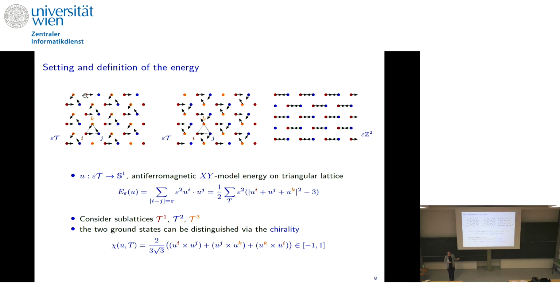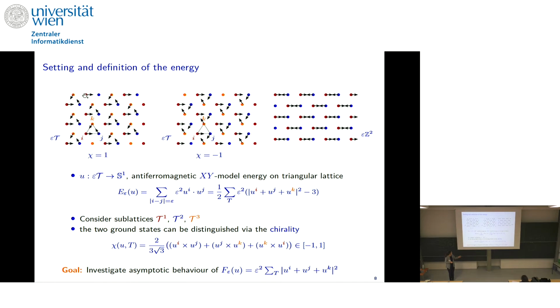The important thing to keep in mind is that it takes values in -1 and 1, and it's +1 and -1 precisely on the two ground states. In between, it's somehow keeping track of the orientation. So if my chirality in a triangle is positive, it means that if I go from I to J to K, I rotate counterclockwise. If it's negative, I rotate clockwise. But always going from I to J to K.